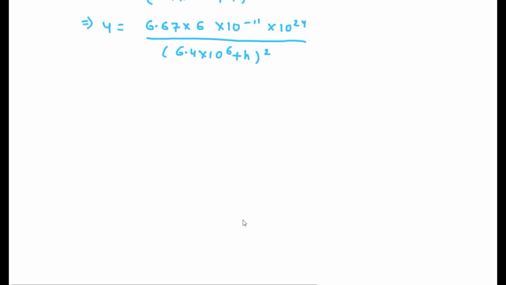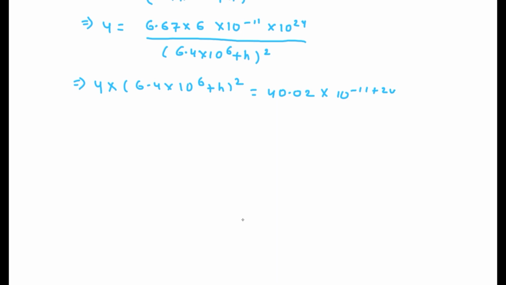So next step, just do cross multiplication. 4 into (6.4 into 10 to the power 6 plus h) whole square equal to, multiply 6.67 into 6, so it becomes 40.02 into 10 to the power minus 11 plus 24.